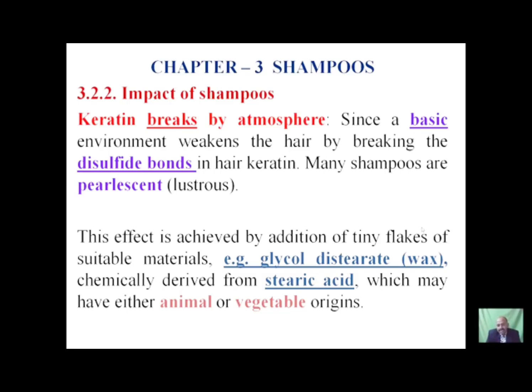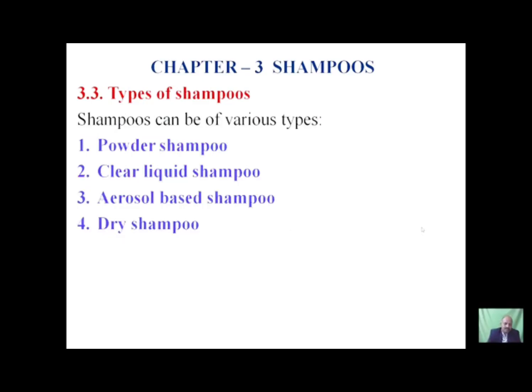So this glycol distearate in the form of wax is added as tiny flakes to these shampoos, and therefore that reduces the breakdown of the disulfide bonds. So for the impact of shampoos, the keratin breakdown by atmosphere can be reduced by means of this glycol distearate wax used here as tiny flakes.